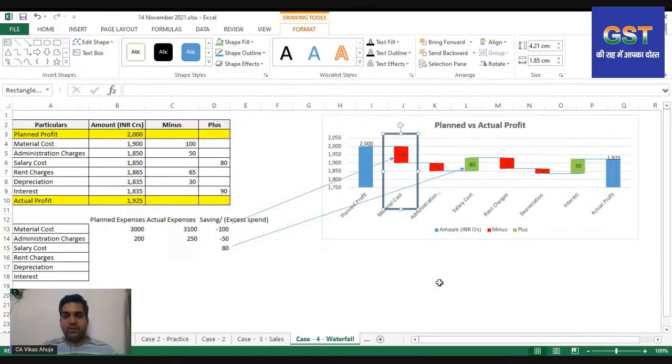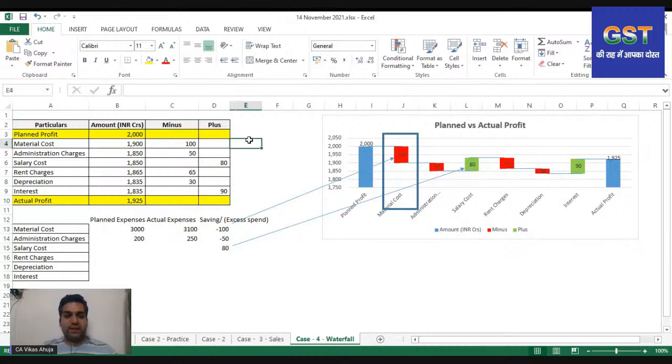Okay, so let me just tell you how to make this graph. I made this data sheet just to explain how it works. Let's say you have this complete chart with you.